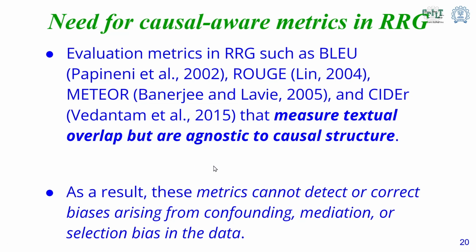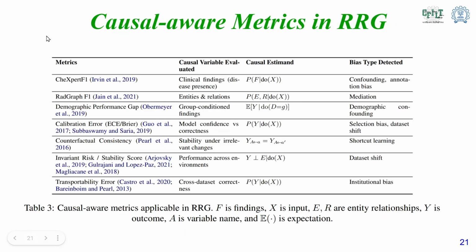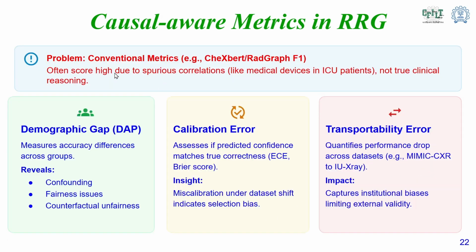As a result, these metrics cannot detect or correct biases arising from confounding, mediation or selection bias in the data. There are some causal aware metrics proposed in RRG literature, but these also have some problems associated with them, which we discuss in the paper. So we encourage the community to go for better and better causal aware metrics as well.